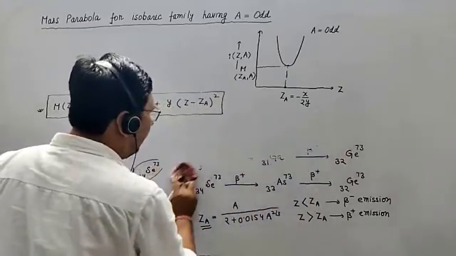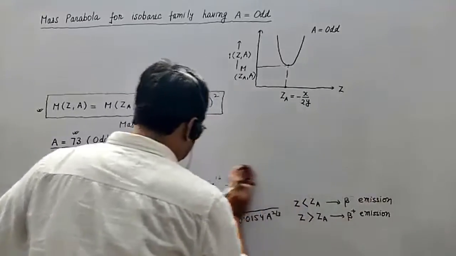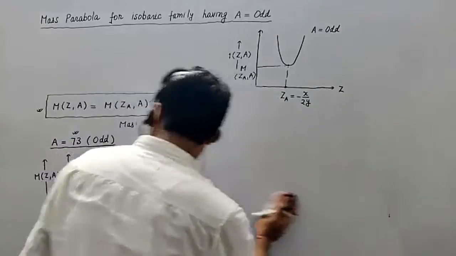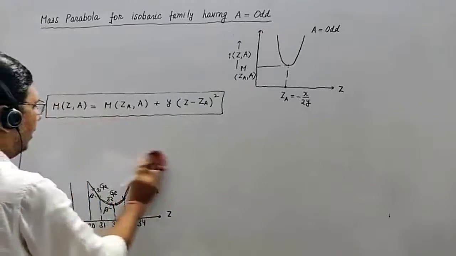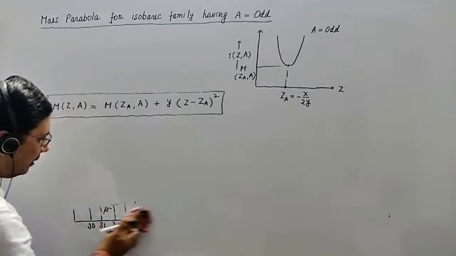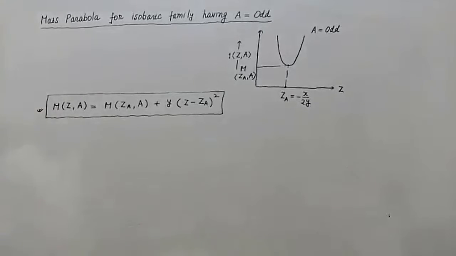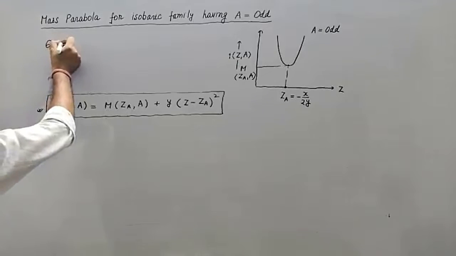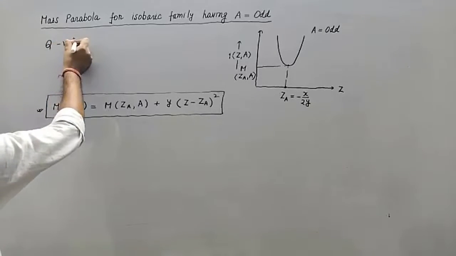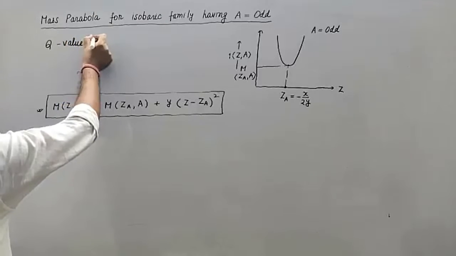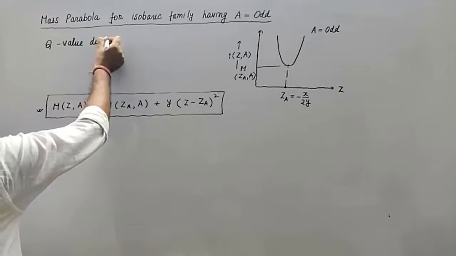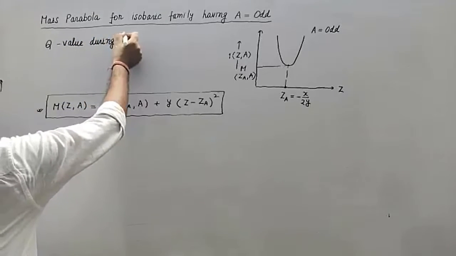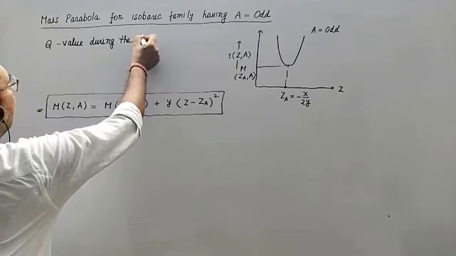I'm going to use it to find out the Q value during the emission of beta minus particle. So what will be the Q value during beta minus emission?